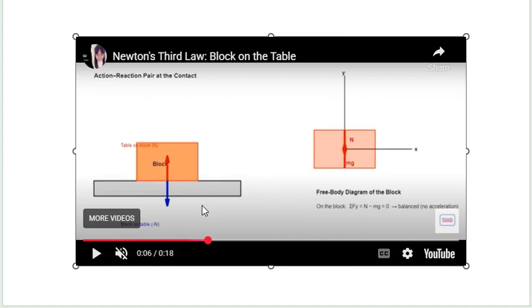It depends on the level of study. In a very beginning level, level 1 or level 0, you ignore everything. That's why we usually draw it in a very simple way to show the action and reaction. Newton's third law, the block on the table. I think you can see this in many different textbooks.